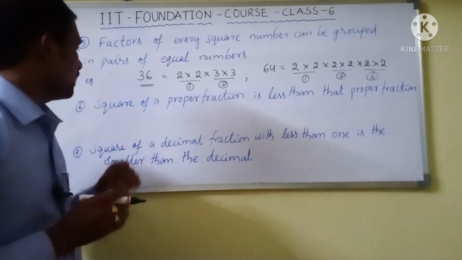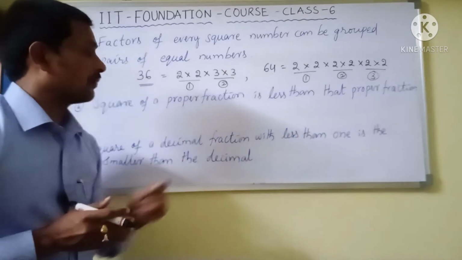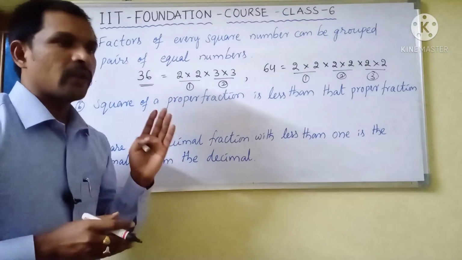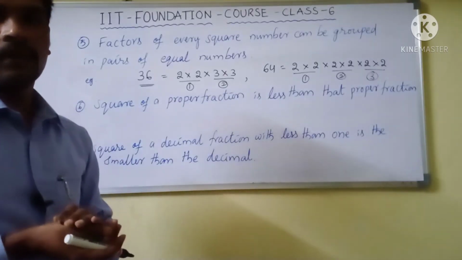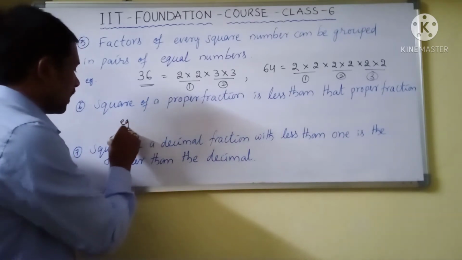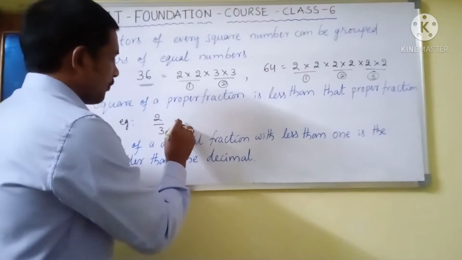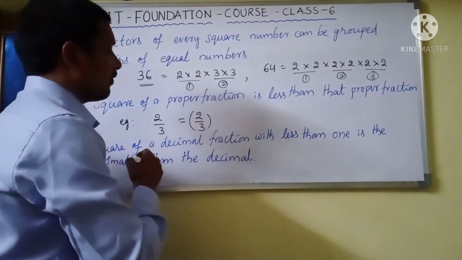Then property number 6. The square of a proper fraction is less than that proper fraction. The square of a proper fraction is always less than that proper fraction. For example, if I take 2 by 3 and find its square, what is the value?